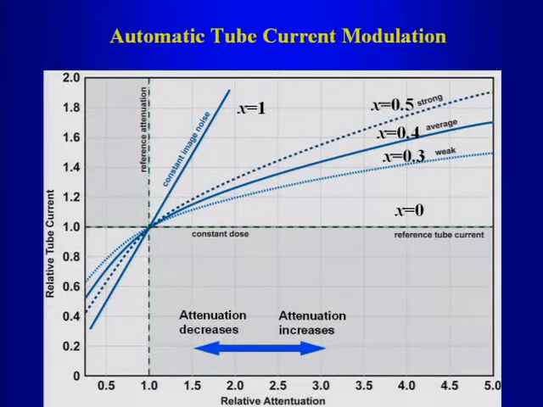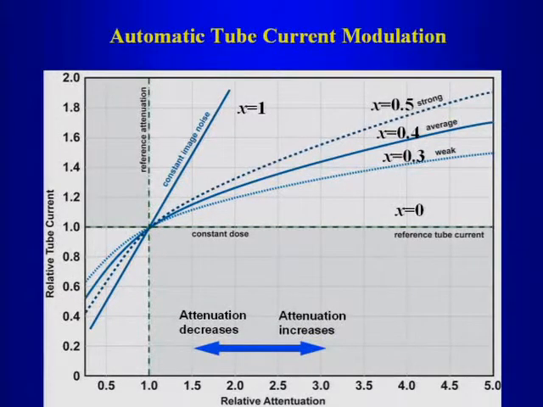And for a smaller size patient, because the structure is smaller and the inherent contrast is less, you need lower noise to achieve the same diagnostic performance. That's why this constant noise strategy of automatic tube current modulation is not appropriate.